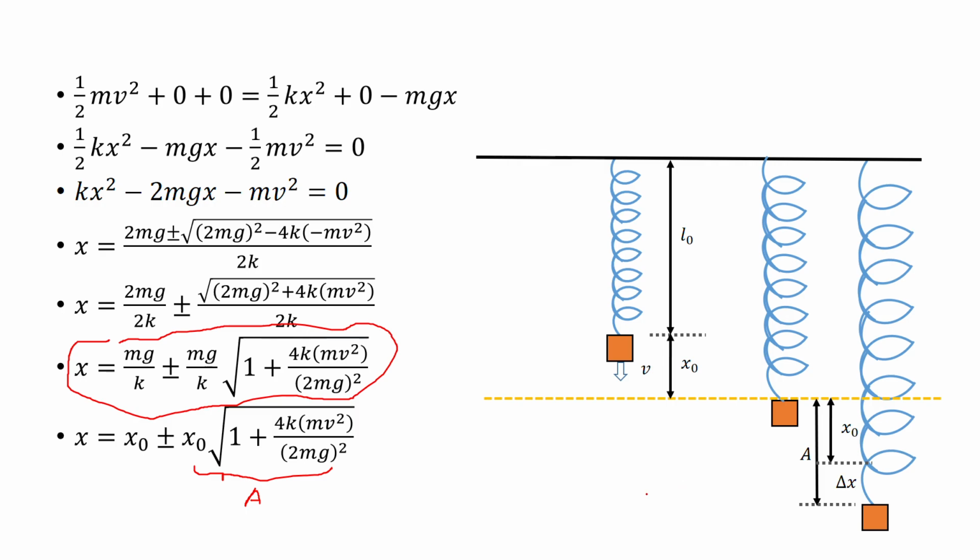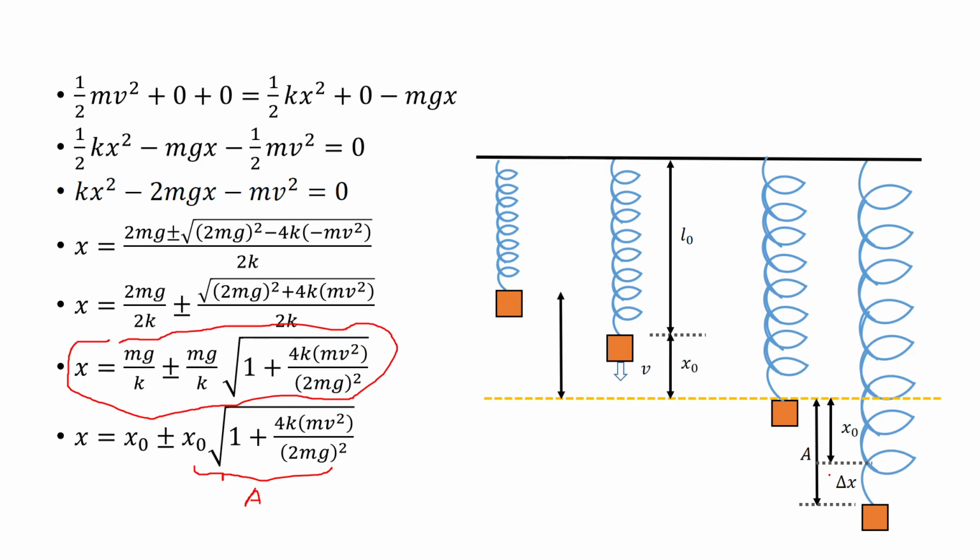What I am trying to say is that this amplitude is greater than x naught because this value is greater than 1. So some delta x part, which is greater than x naught, will be part of the amplitude.